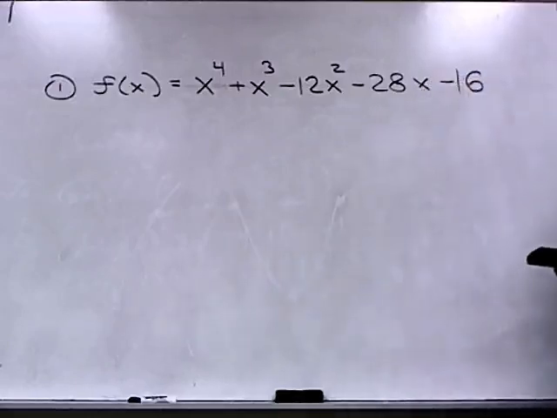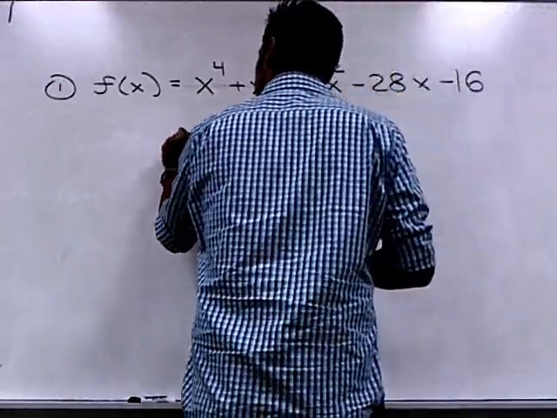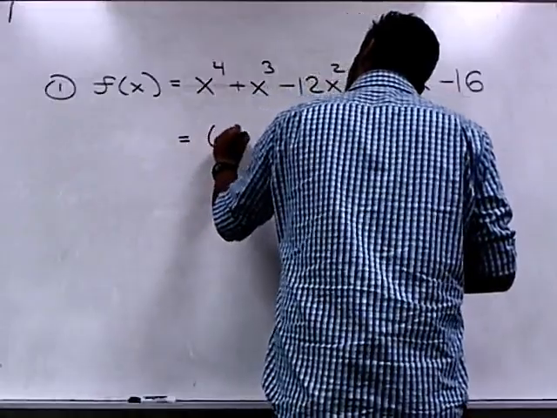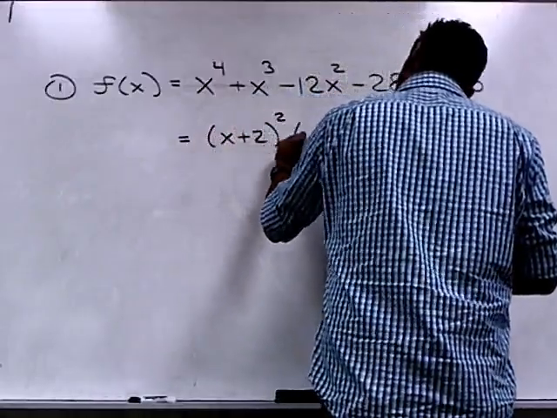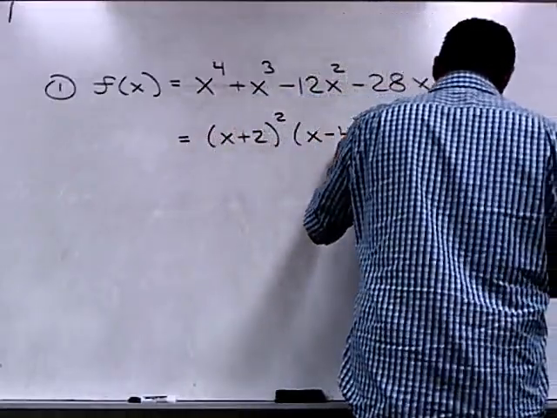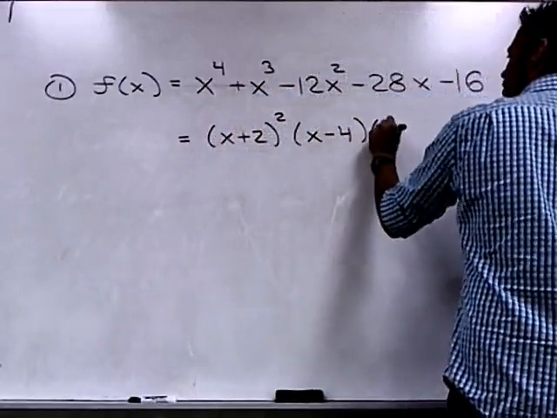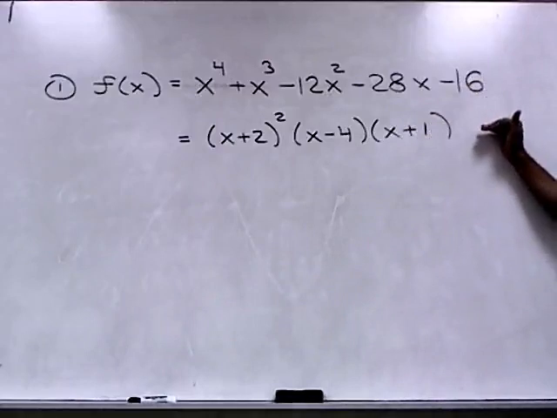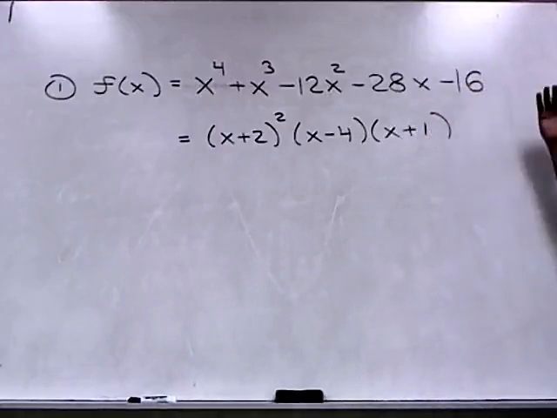But check this out. I'm going to tell you right now that that's actually (x plus 2) squared times (x minus 4) times (x plus 1). I want you to graph this, but what have I already done for you? I've already factored it, okay?